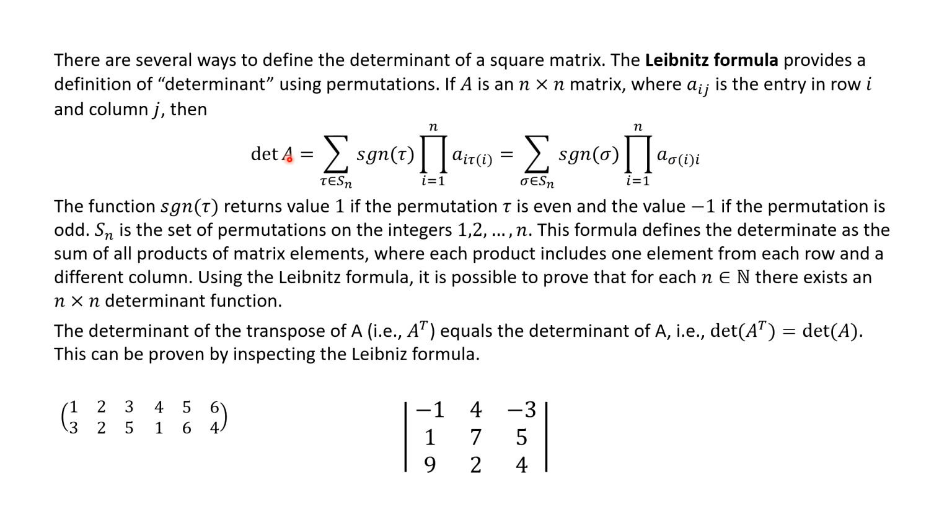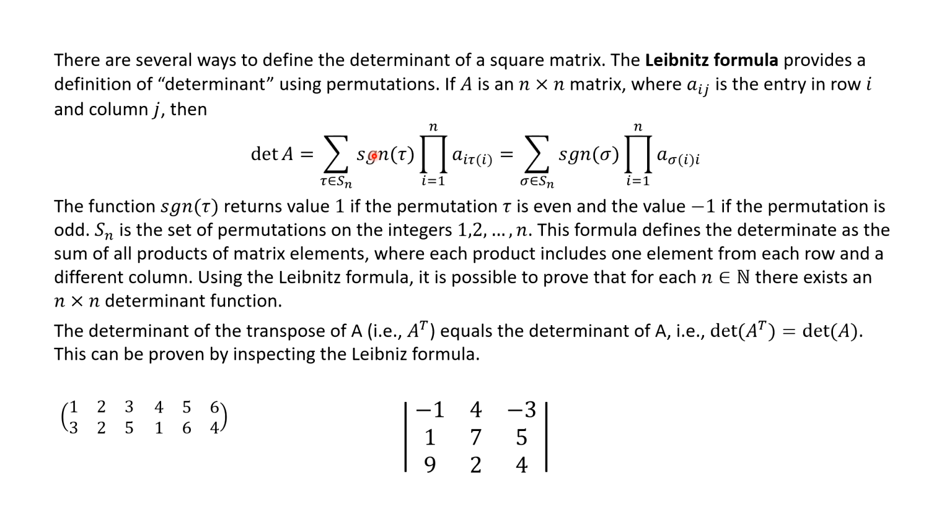It's saying the determinant of A equals the sum over all permutations of n elements, so permuting from 1 to n, of the sign of the permutation, which is either 1 or -1. That's whether you have an even or odd permutation.